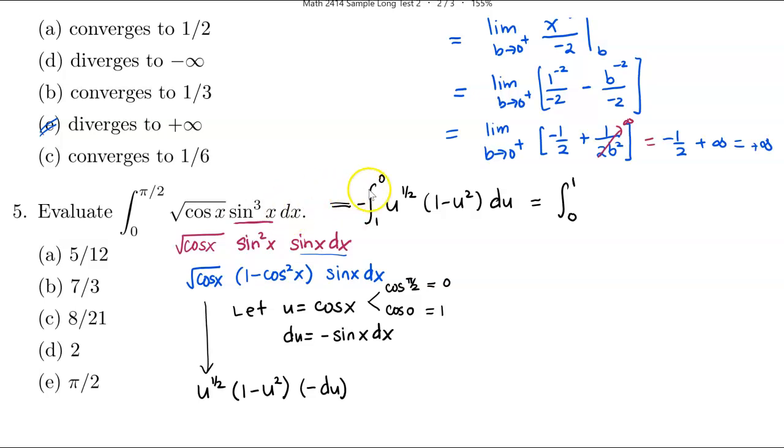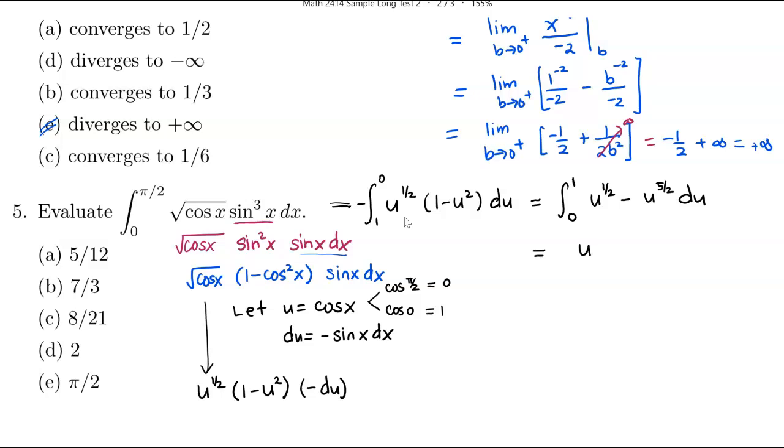And now I can distribute this to that parenthesis. So that becomes u to the 1/2 minus u squared times u to the 1/2. U squared times u to the 1/2 is u to the 5/2 du. Then integrate it.